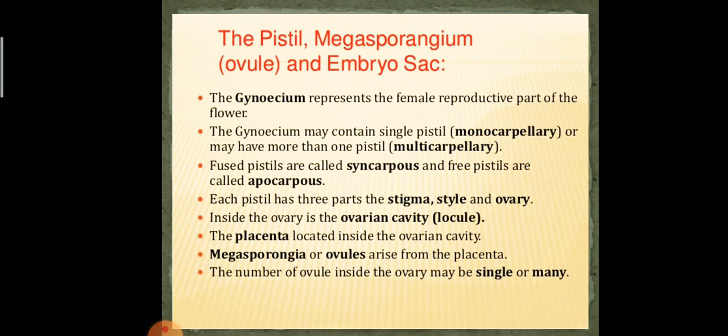Inside the ovary are ovules, arranged in a particular format known as placentation, which you have already studied in 11th standard. A typical ovary consists of a single or many ovules. A single ovule forms a single seed, and many ovules form many seeds.